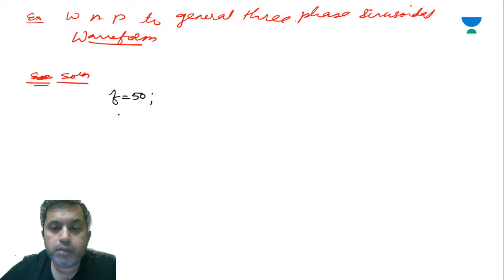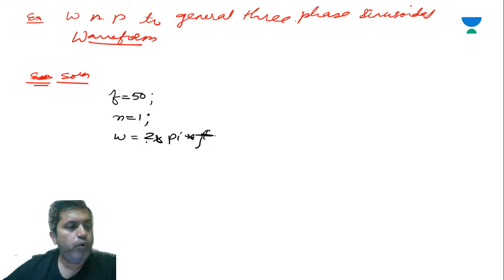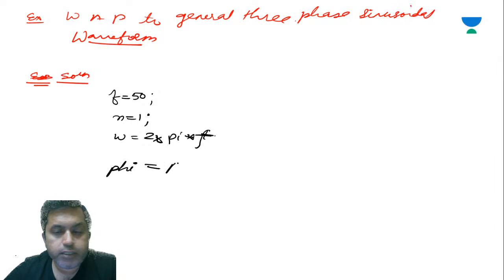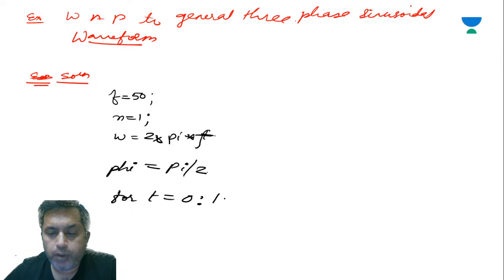We'll take one counter, that is n equal to 1. Omega is equal to 2 pi f. Phase angle phi is equal to pi by 2. Okay. So for t is equal to 0 to 1 millisecond, e raised to minus 3, up to 0.04.